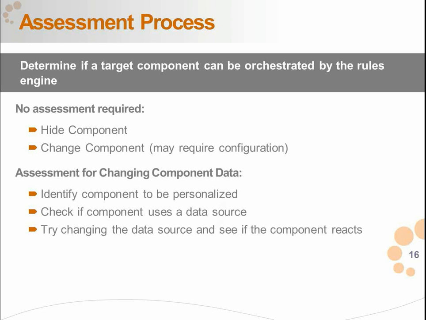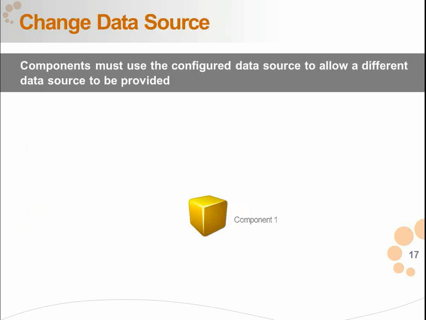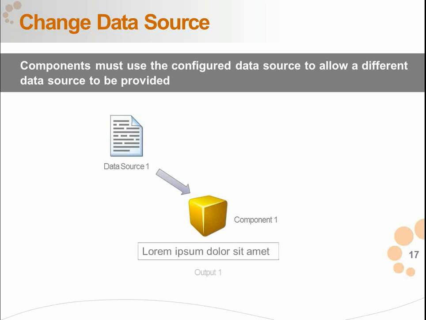Just to give you a bit of a visualization around how we change the data source and what it's actually doing. Let's say we have component 1 here, and I've got a particular data source that has been configured. When the component uses that data source, I expect some kind of output. So for data source 1, I get output 1.